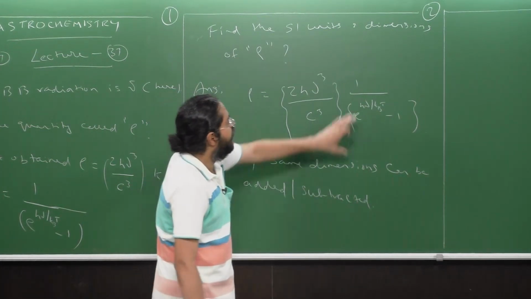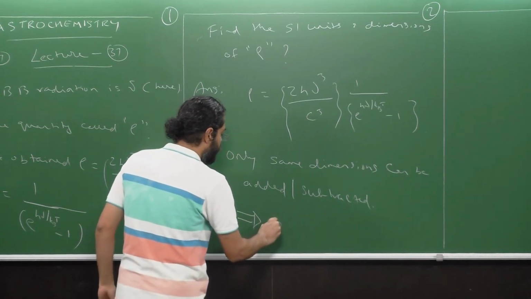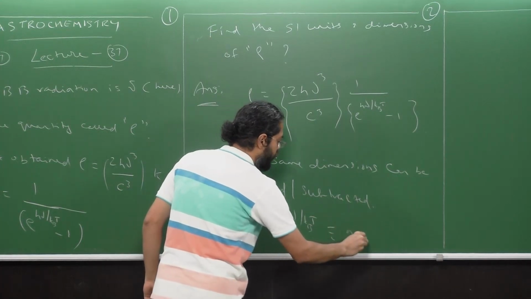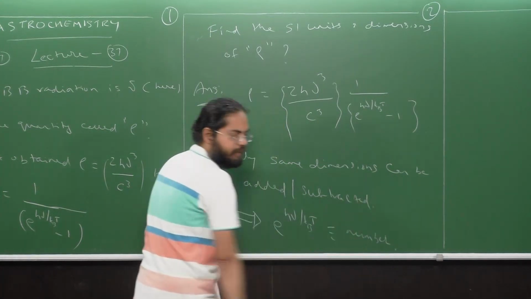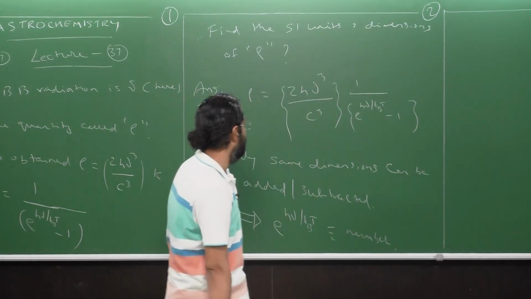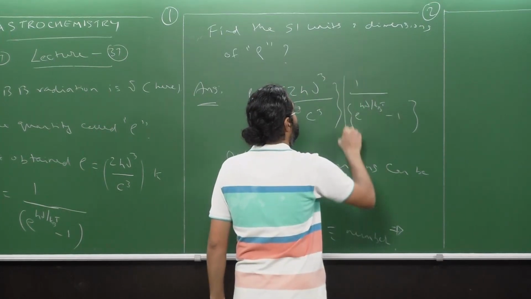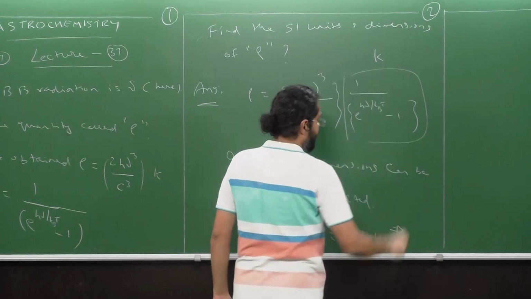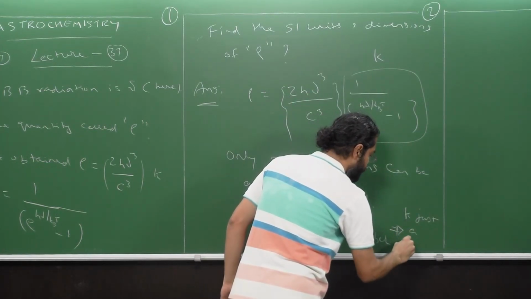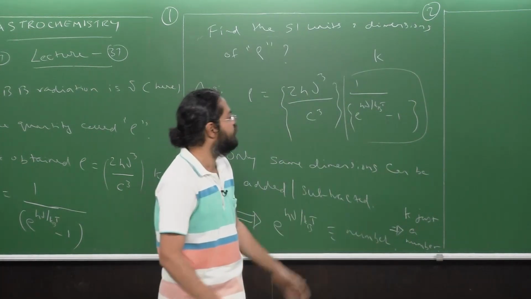Which tells us that this whole chunk is a number, which implies e to the power h nu over kBT is just a number. The exponential of something is just a number, which means that this whole thing is a number, which implies the quantity I define as k is just a number. When I say just a number, I mean that it is dimensionless.